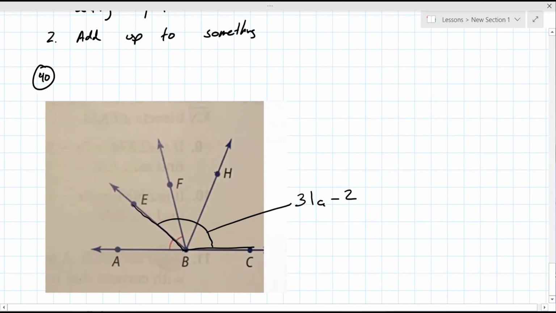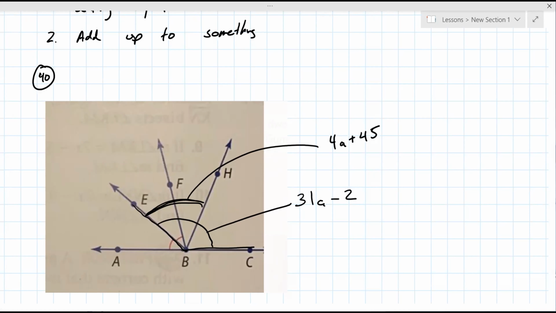And E to B to H, this one right here, is 4A plus 45. And we want to find the measure of H to B to C. So we're trying to find this Y here.